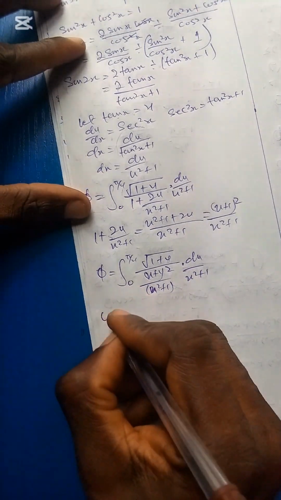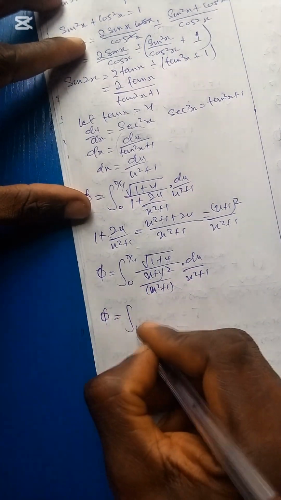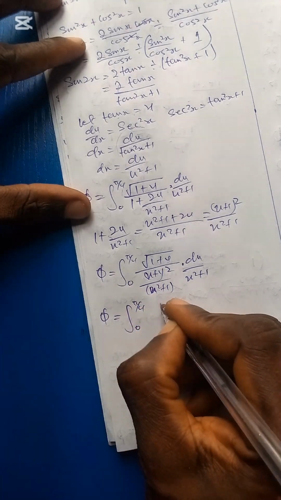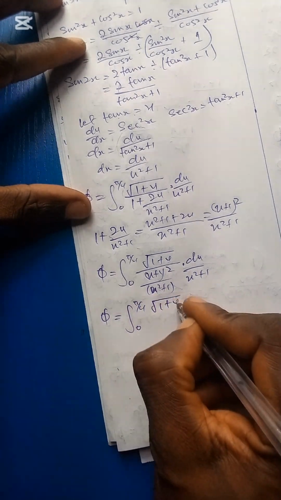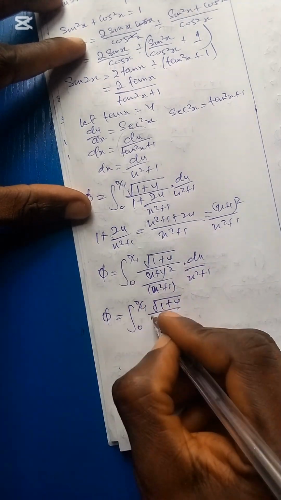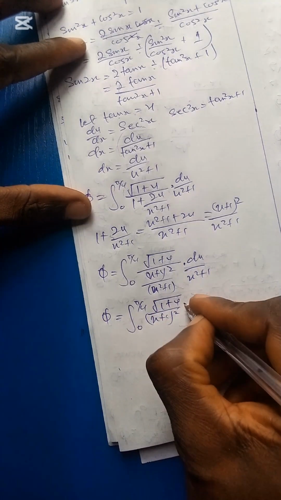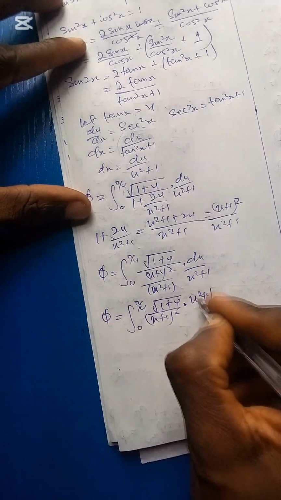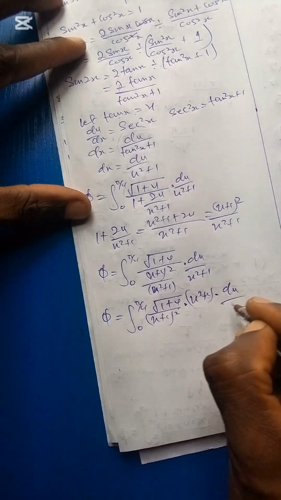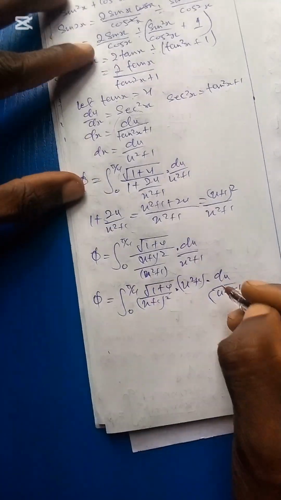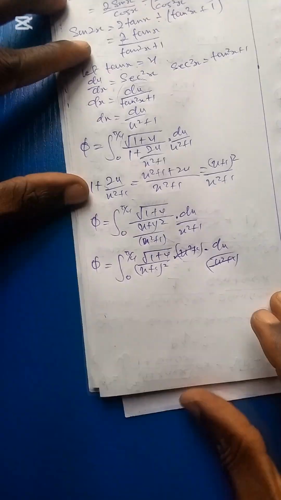Now it becomes phi equals the integration from 0 to pi over 4 of 1 plus u all over, this will now go up, u plus 1 all squared times u squared plus 1 times du over u squared plus 1. Now this and this will cancel out.